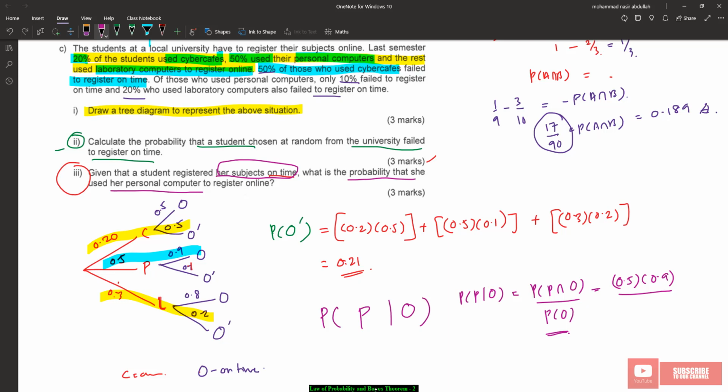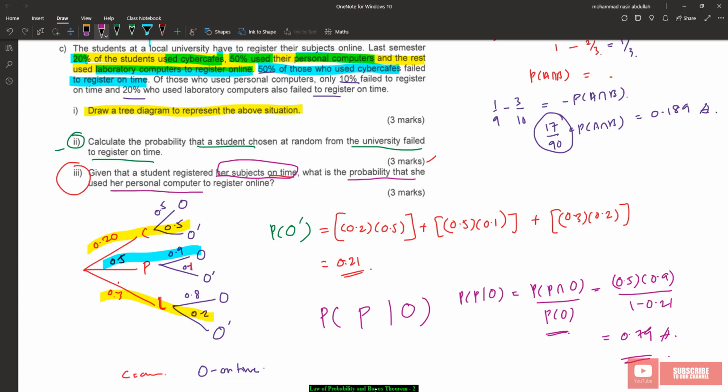We don't need to calculate all again. We just need to use our knowledge of the complement rule. So 1 minus 0.21. What is the answer? 0.79. Okay, I think that's all.